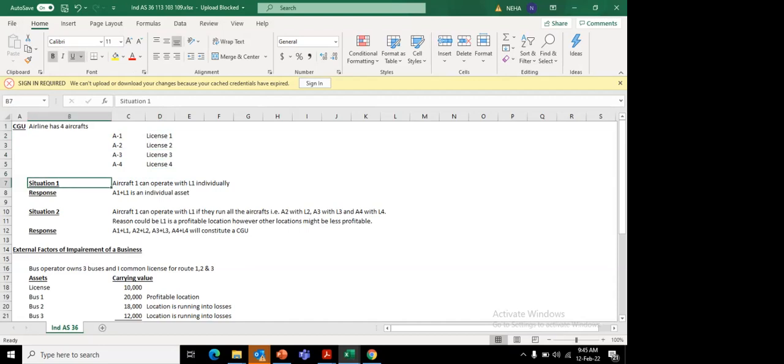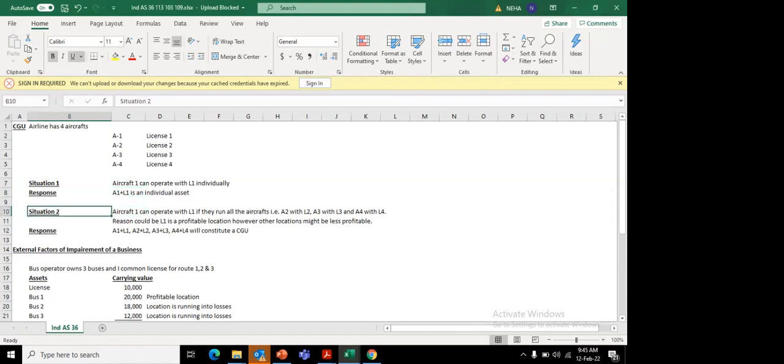Now I have taken two situations. The first situation is that aircraft 1 can operate with license 1 individually. That means the revenue that aircraft 1 earns with license 1 is not related to the other aircraft and the other licenses. So in this case, aircraft 1 plus license 1 will be considered as one asset, an individual asset.